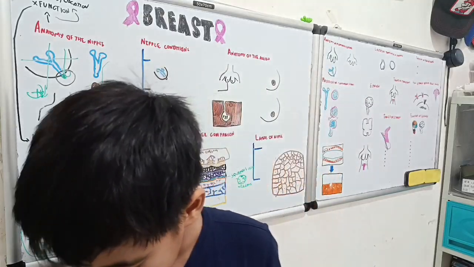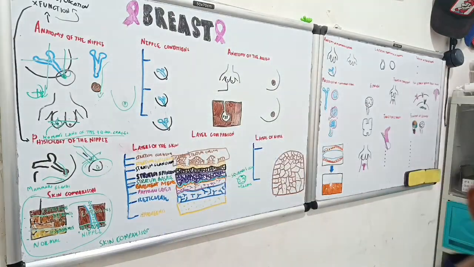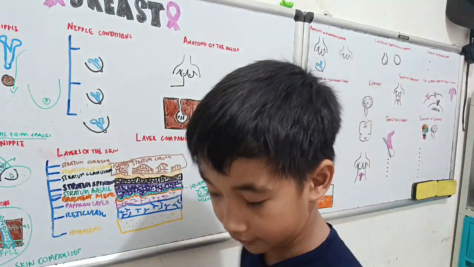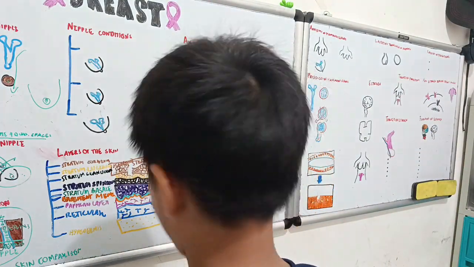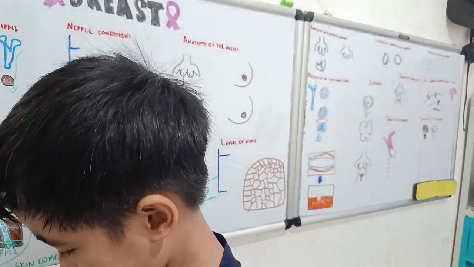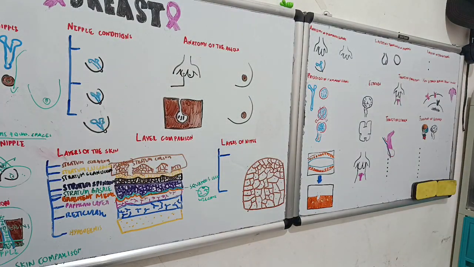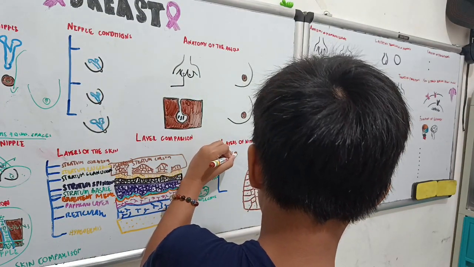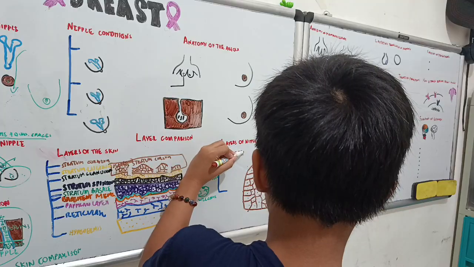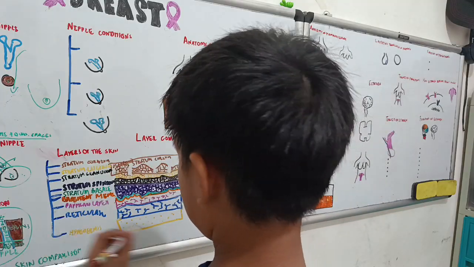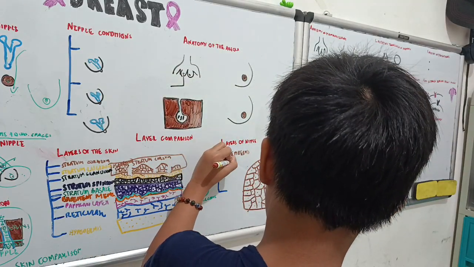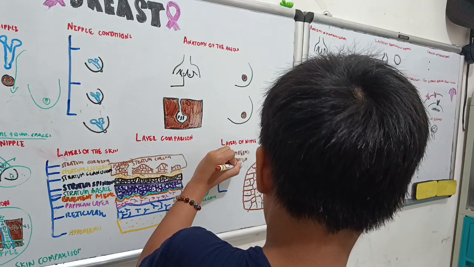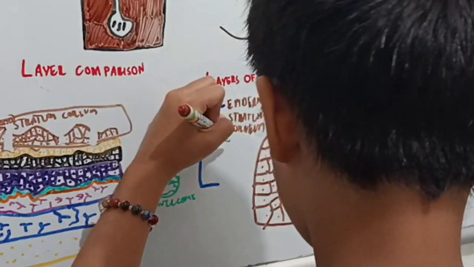Let's talk about the layers of the nipple. Okay, we're back on here. Let's talk about the layers of the nipple, as I said earlier. The first part is just the epidermis, mainly the stratum corneum and the stratum basale.